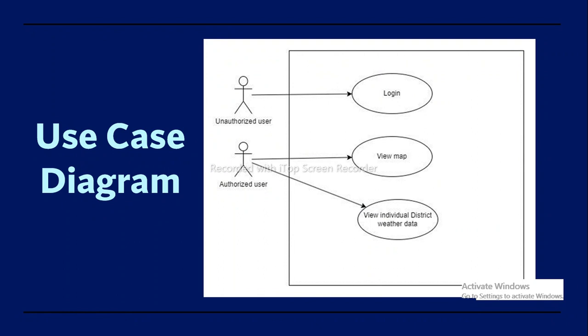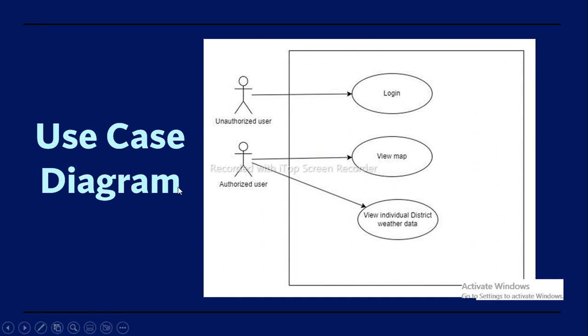So let's see the use case diagram. Once you click on the login part, let's say an unauthorized user is trying to log in. When he clicks on the login button, he will be redirected to the previous window because his access will be rejected.